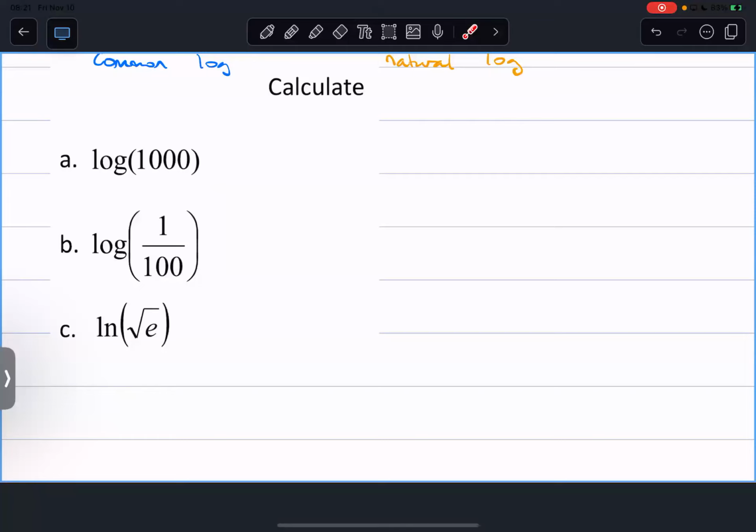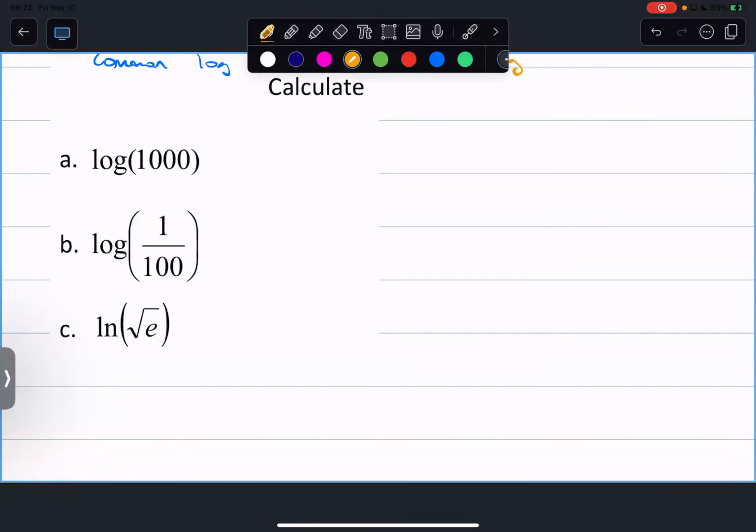Log, it's implied log base 10 of 1000, right? Just thinking about what this means in terms of exponents, right? 10 to the power of something is equal to 1000, right?